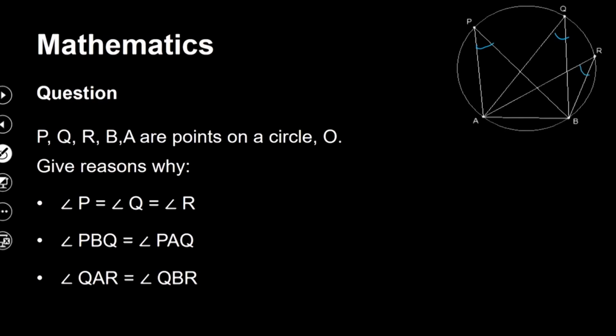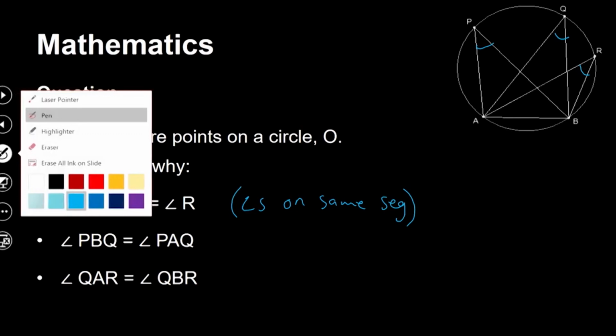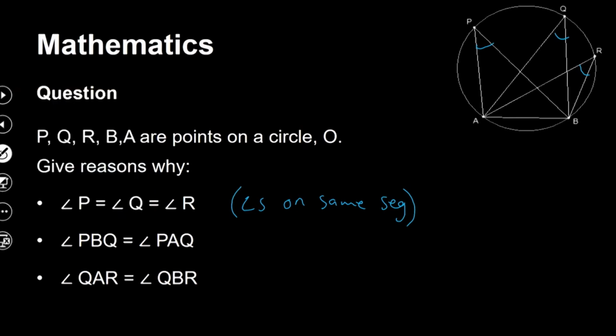Remember, what did we say? This will be angles on same segment, right? So you please need to think about that. It will be angles on same segment. Also, why is PBQ, so this angle here, let me just use a different color so we can see the differences.